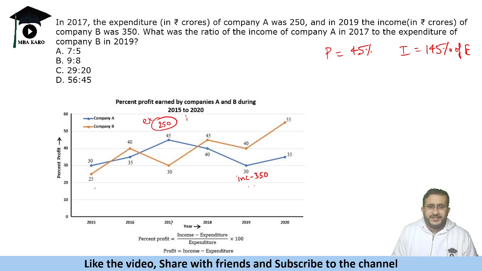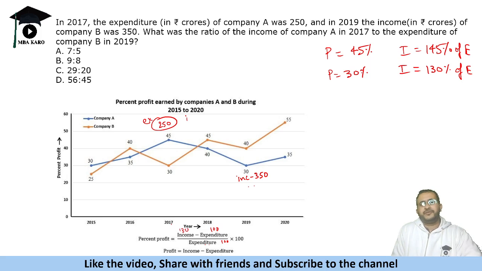So 30% profit means that income is 130% of expenditure. That's how you read the graph. Because 30% profit means expenditure has 30% extra, so if expenditure is suppose 100, income should be 130, right? So we can find the relation of income.